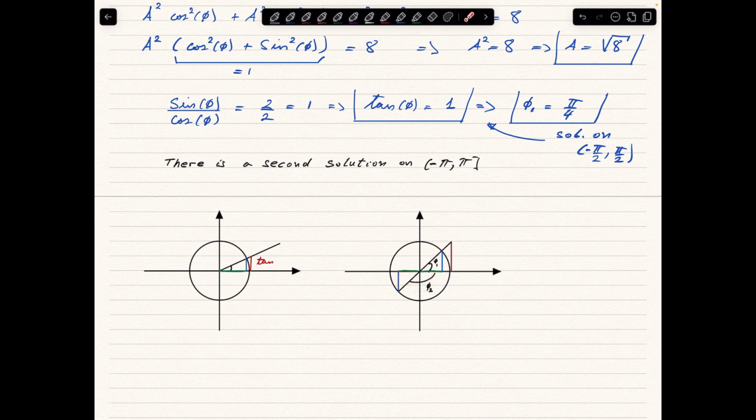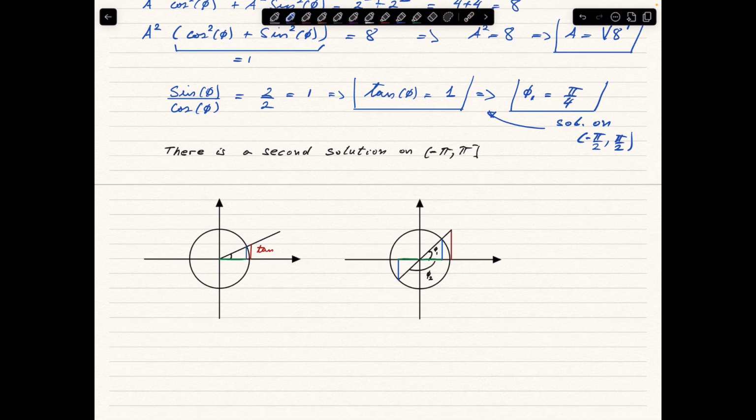And you see from here that the solution phi 2 is going to be whatever you found before minus pi. You see from the picture.